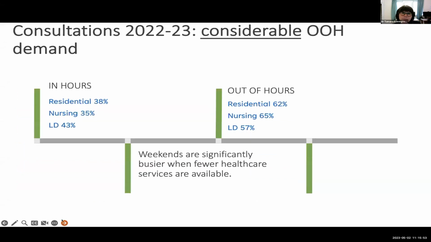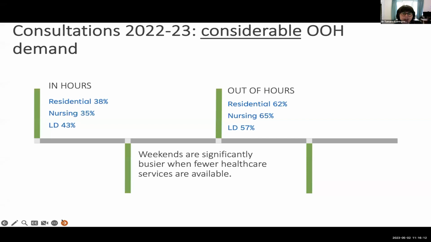The other thing to poke into is, I don't know about you, but for us, our anticoagulant specialist service really only operates in hours. And out of hours, there is very considerable demand, as evidenced by these calls to the telemedicine service.